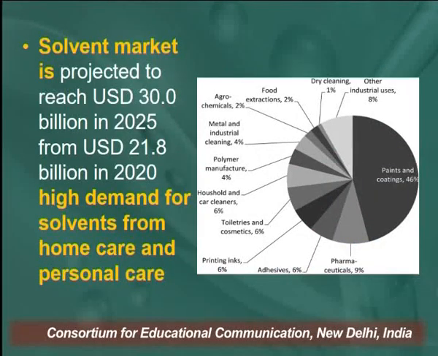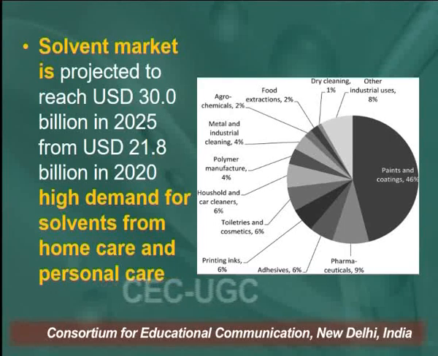Learners, solvent market is projected to reach 30 billion USD in 2025 from 21.8 billion USD in 2020. Why? Because there is a huge demand for solvent from home care and personal care.